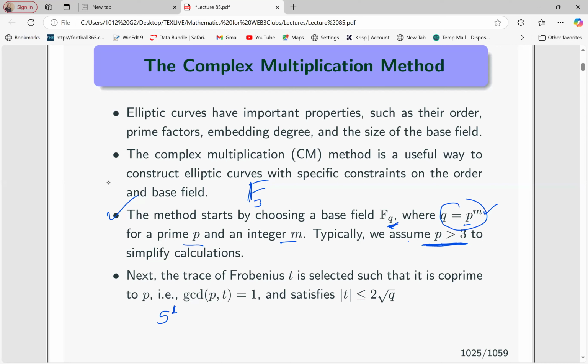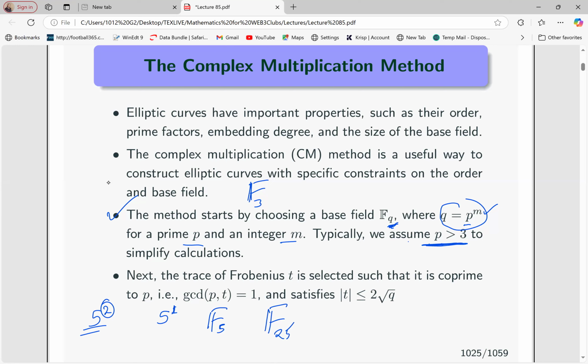Then my field is F5. But I can also raise it to 2, since M is just any integer, so that my field is F25.